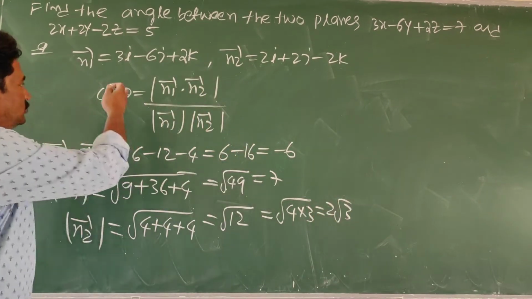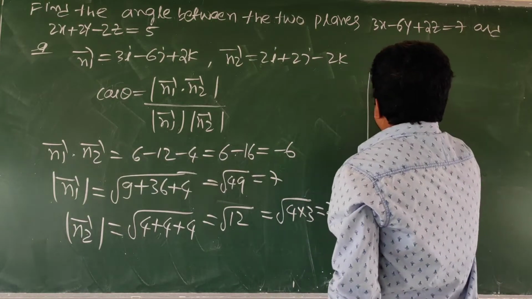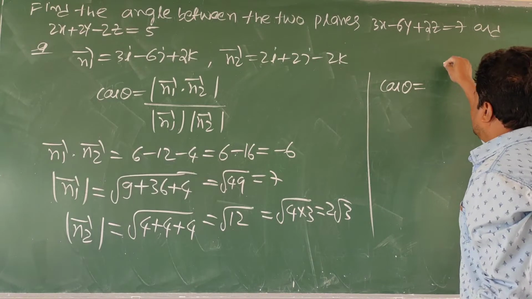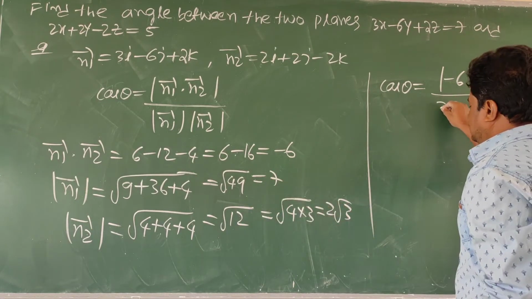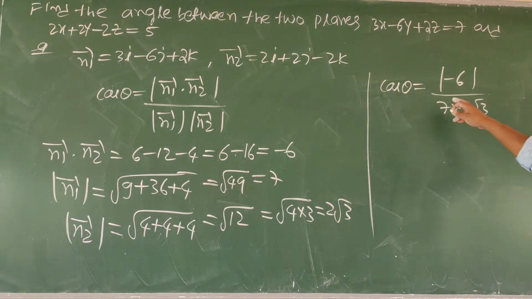Now substituting in the cos theta formula, students. Cos theta is equal to mod of n1 dot n2, mod minus 6, which is 6, divided by length of n1, 7, into 2 root 3.